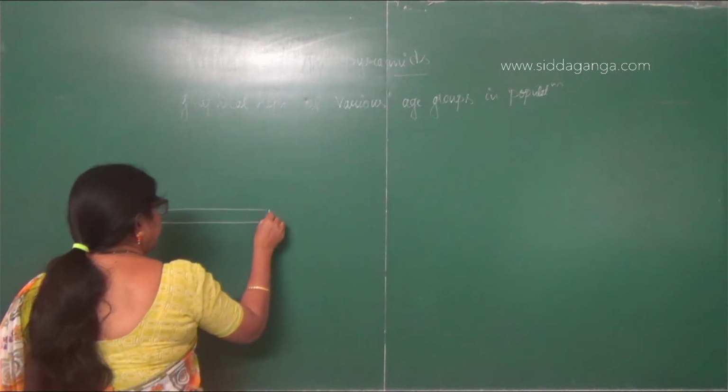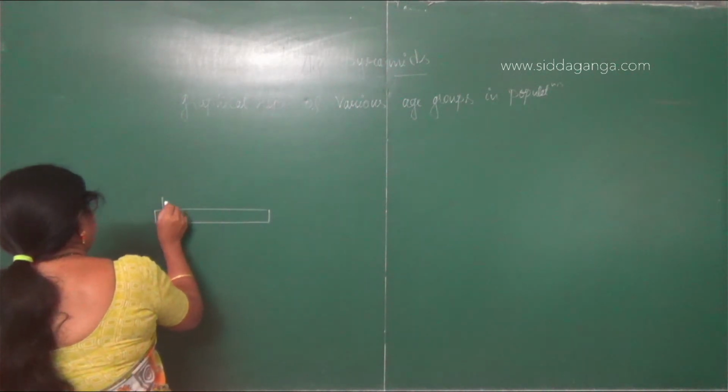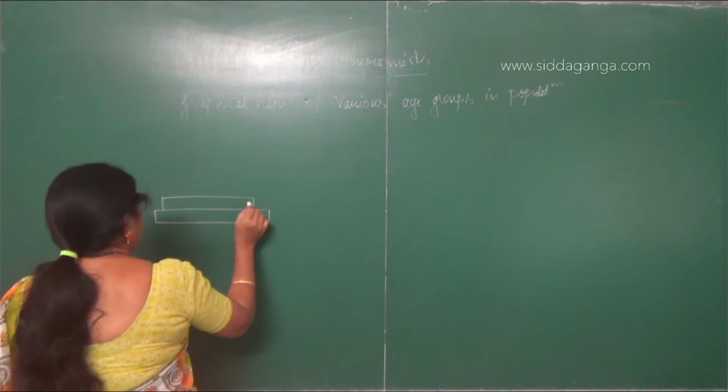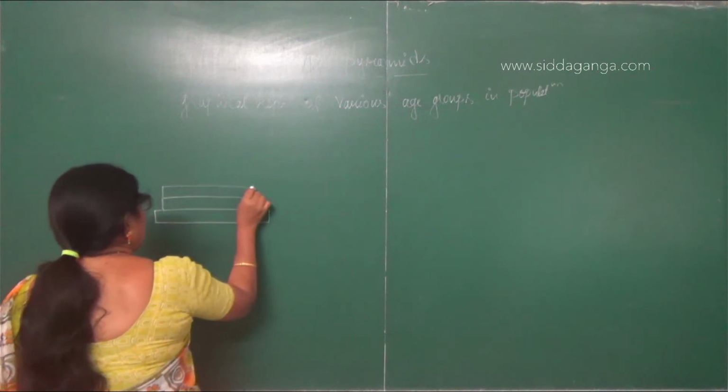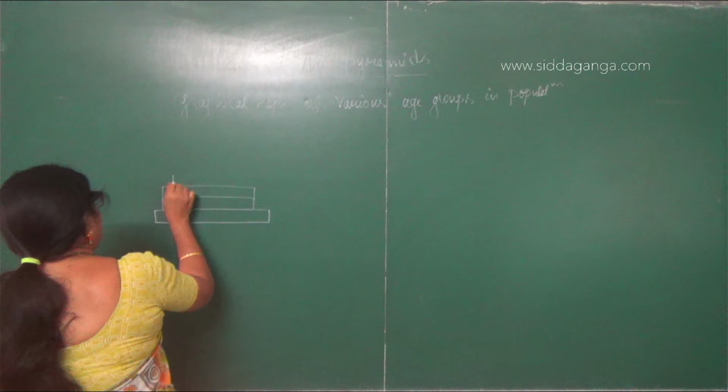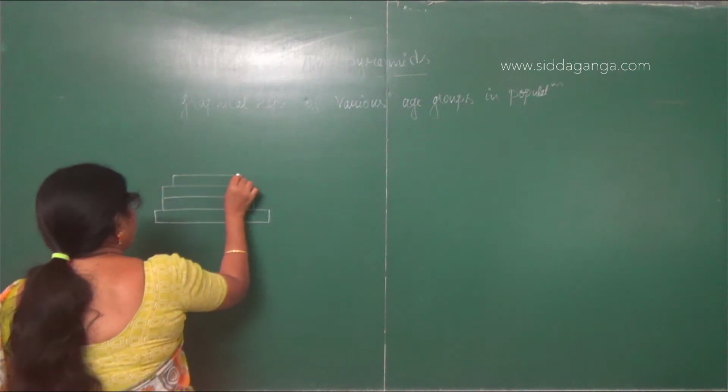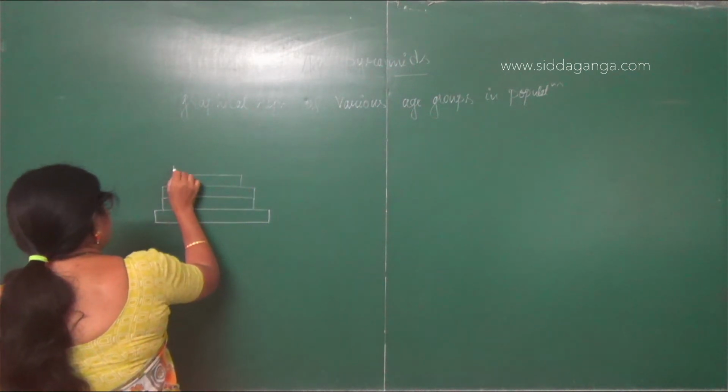So we have three population groups like pre-reproductive age group, reproductive age group, and post-reproductive age group.